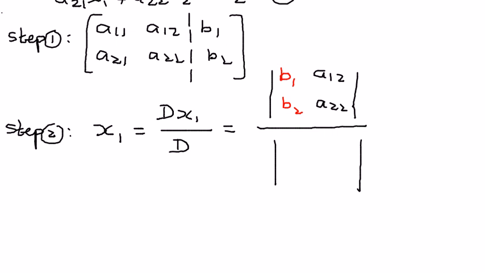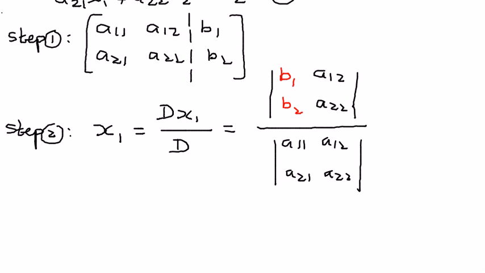We're not going to change anything. So the coefficient terms of the variables are a11, a12, a21, a22. By replacing the first column by the constant elements, we should be able to find the value of x1, and that is what Cramer's rule is telling us.